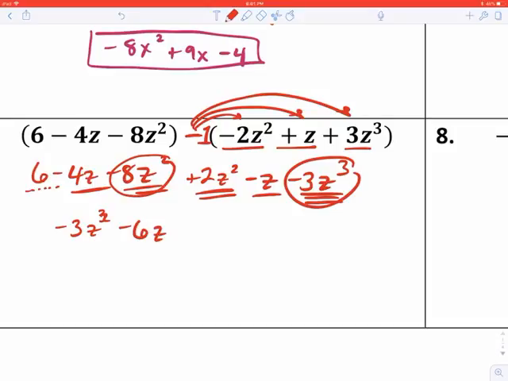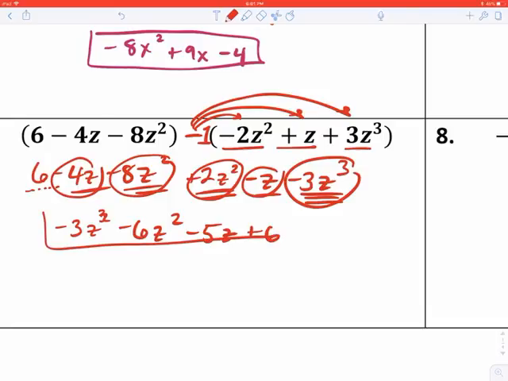I'm going to get negative 6z squared. Let me circle that one too. Negative 4z minus z is negative 5z, and I have a plus 6.